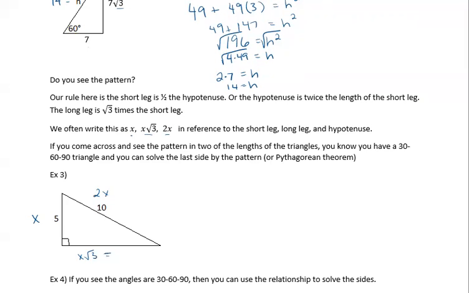So this has to be 5 square root of 3. If you see the angles are 30, 60, and 90, then you can use the relationship to solve the sides.